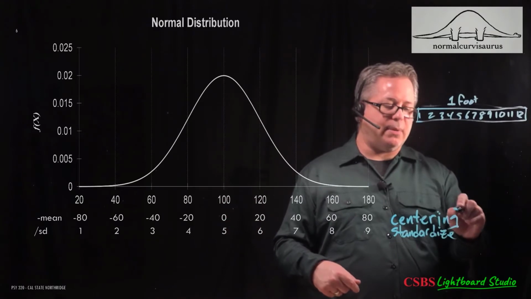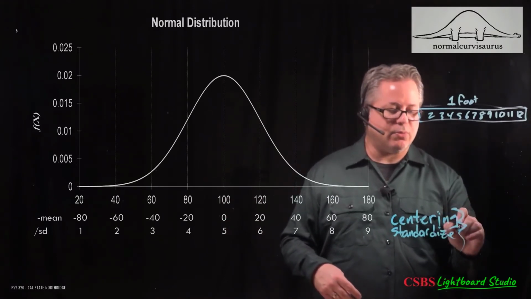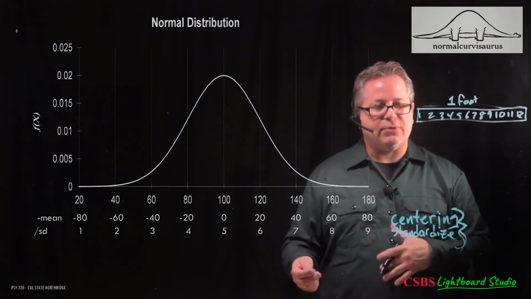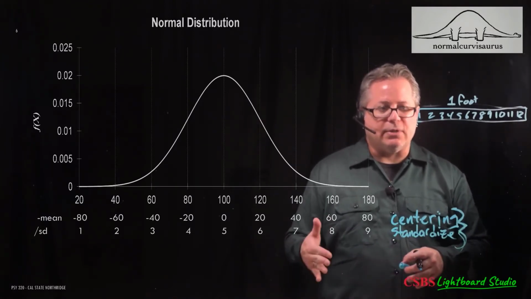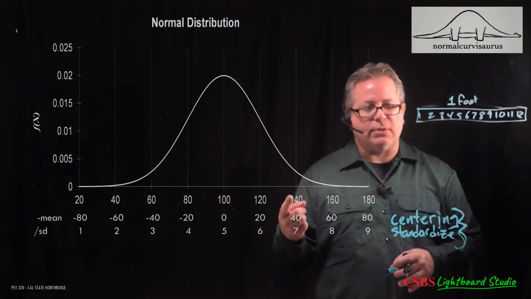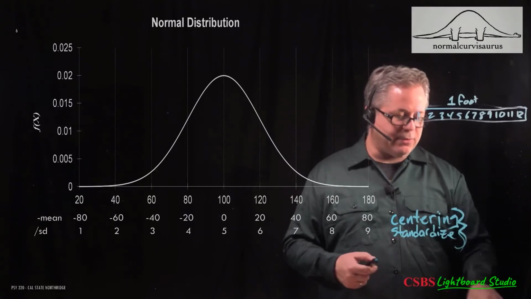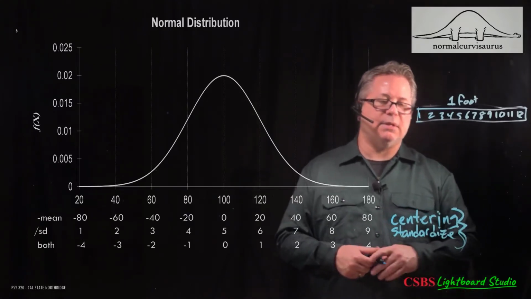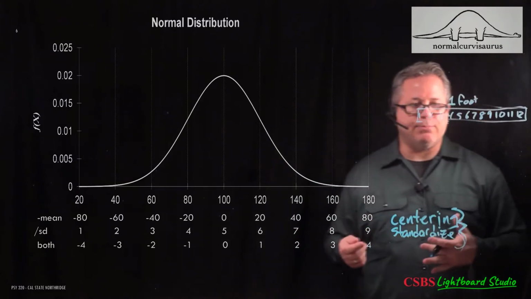What if I combine these? If I combine these two processes together, I'm going to center them and I'm going to standardize them by calling each standard deviation 1 unit, 1 standard deviation unit. If I combine them both together, I get the positives of both of those.